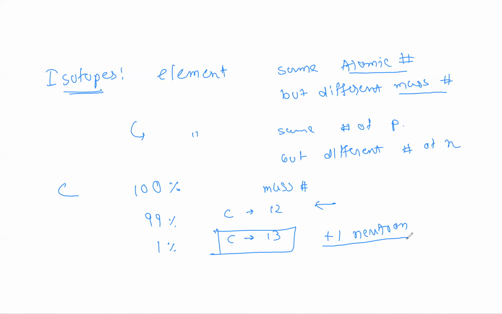All you need to know for this concept is the definition of isotope. An isotope is an element which has the same atomic number but a different mass number. Or in different words, it has the same number of protons but a different number of neutrons. That's the first thing. Do you understand that?